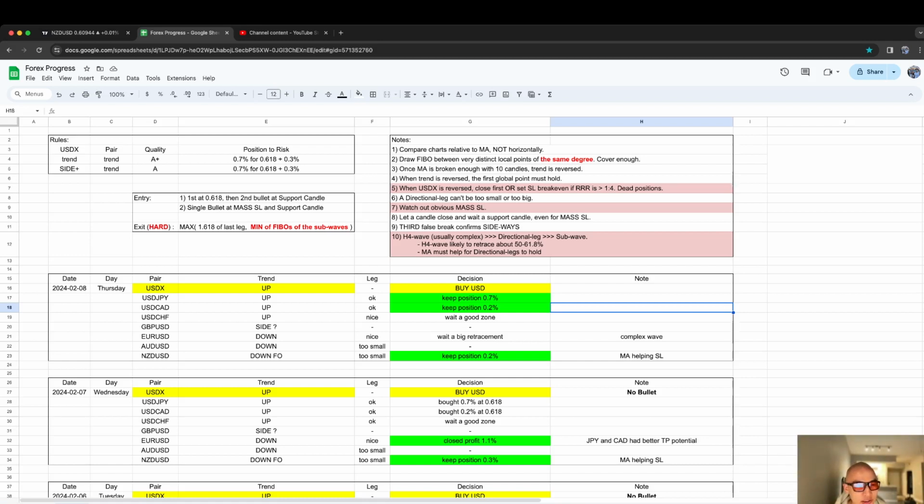Especially USD Japan yen is accumulating profit nicely, and we just have to keep the position until they take profit. For the Canada dollar and New Zealand dollar USD, the market is faking out a little bit right now, but it is still in the good zone, and we should keep the position. Okay, all right, guys, thank you for the attention.